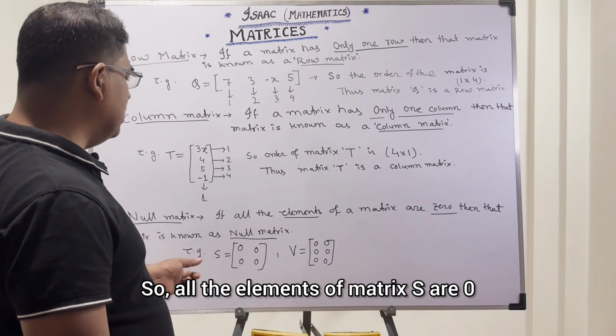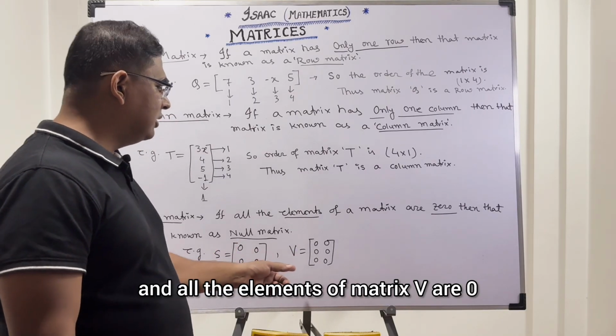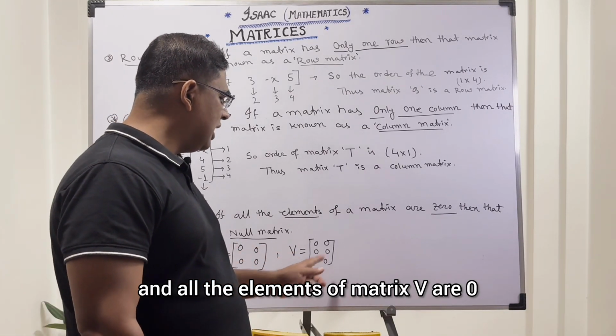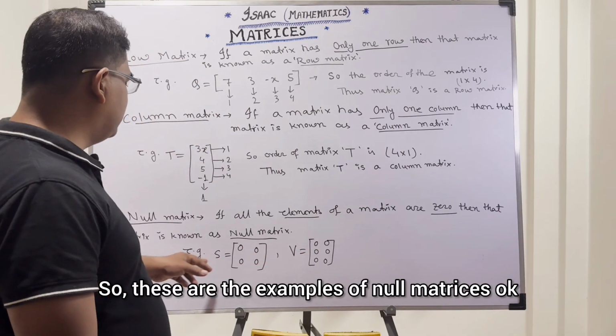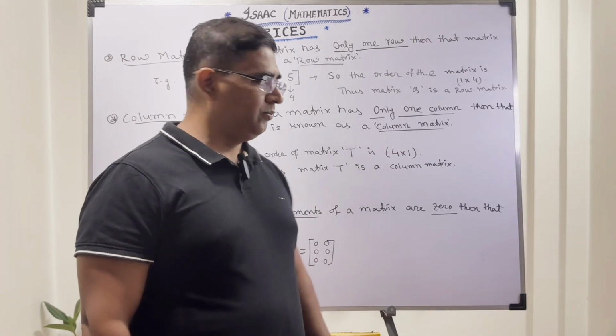So all the elements of matrix S are 0 and all the elements of matrix V are 0. So these are the examples of null matrices. Okay.